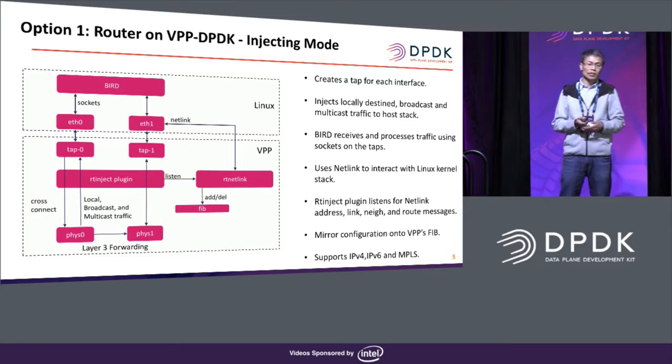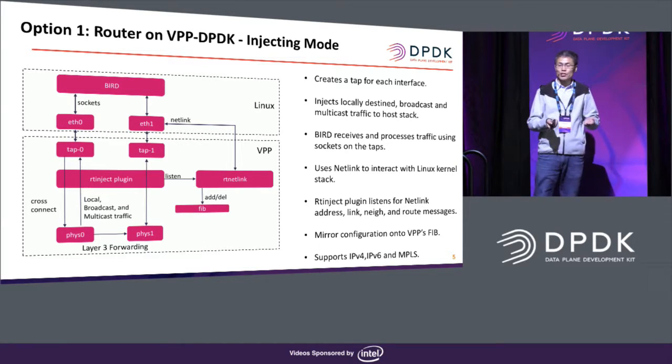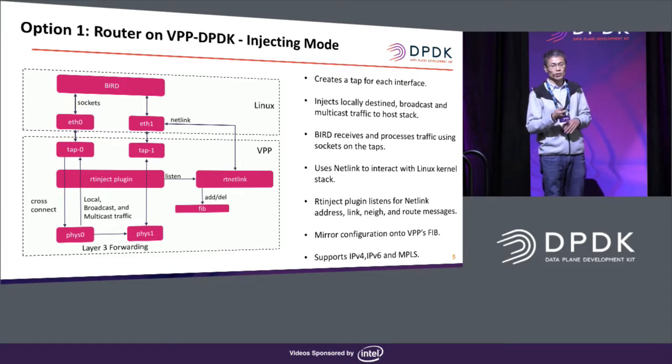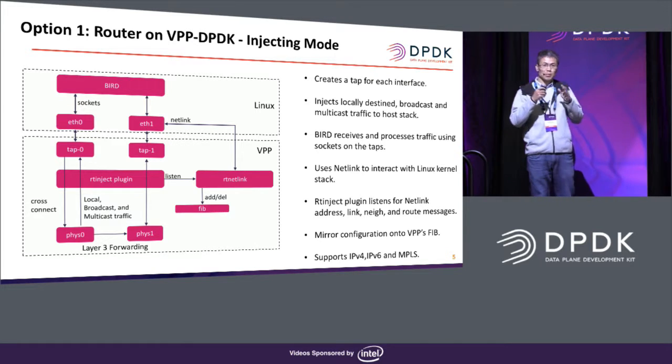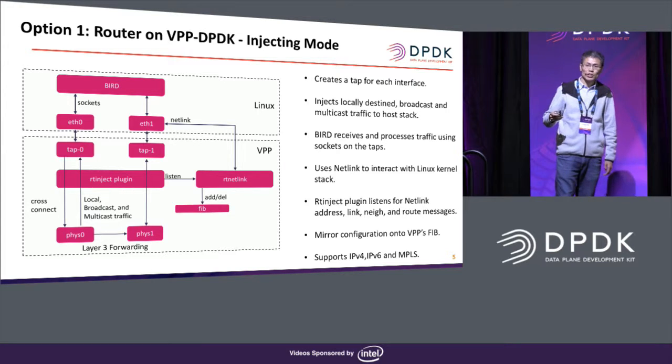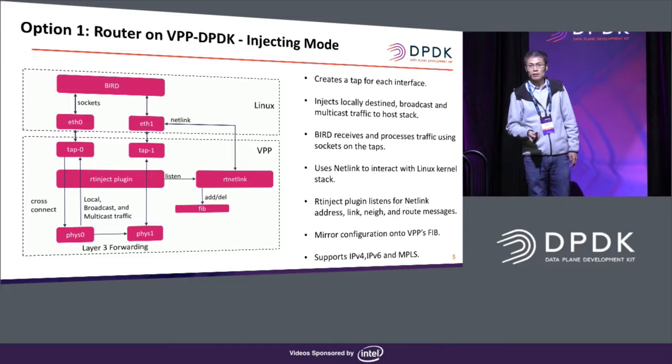So we proposed another solution, which is the injecting mode, which means you can run your BIRD or FRR on the Linux kernel without any change to the code. We use a tricky way to mirror the routing tables into the VPP table.